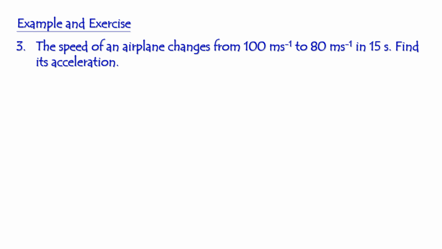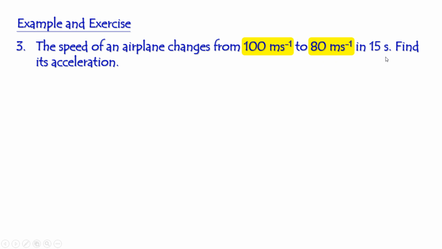Okay, I suppose you have finished this question. Look at the question. The speed of an airplane changed from 100 meters per second, this one, to 80 meters per second. That means this should be the initial and this should be the final, initial speed, final speed, right?